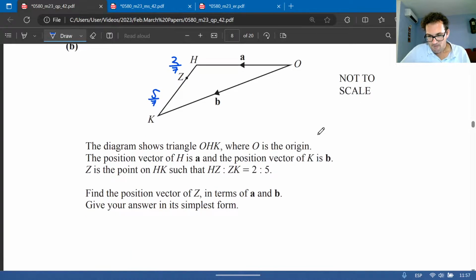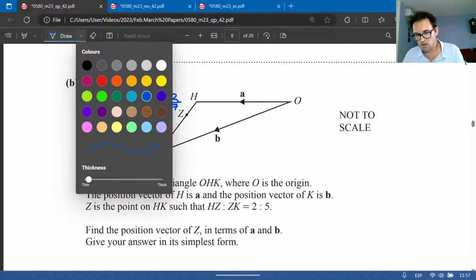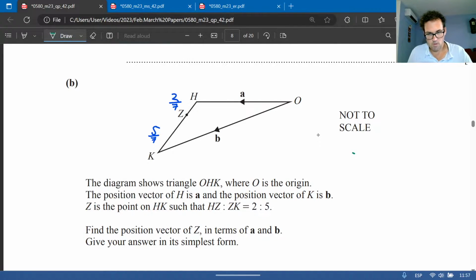Okay. Find the position vector of Z in terms of A and B. So position vector means we want to, the position vector always starts at the origin and it goes to, so we want to know what is this vector here. Okay, in that direction.